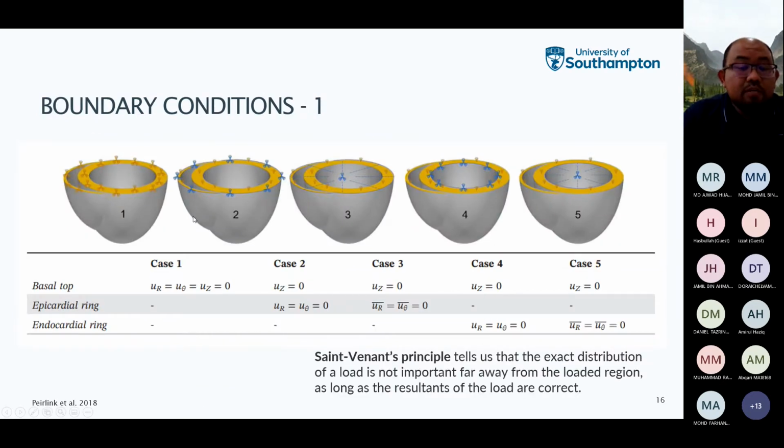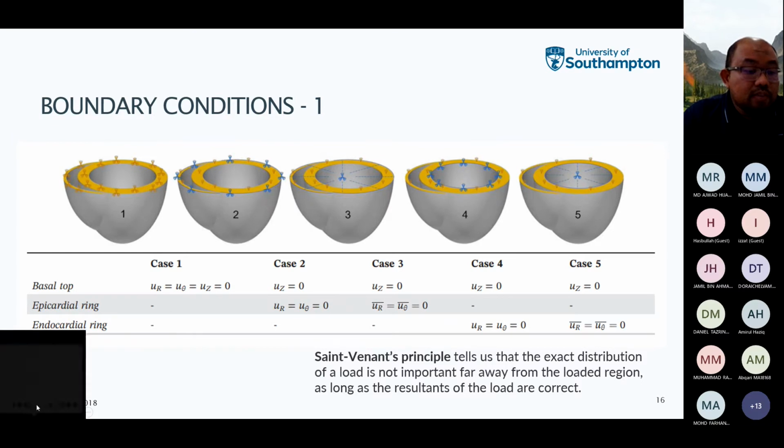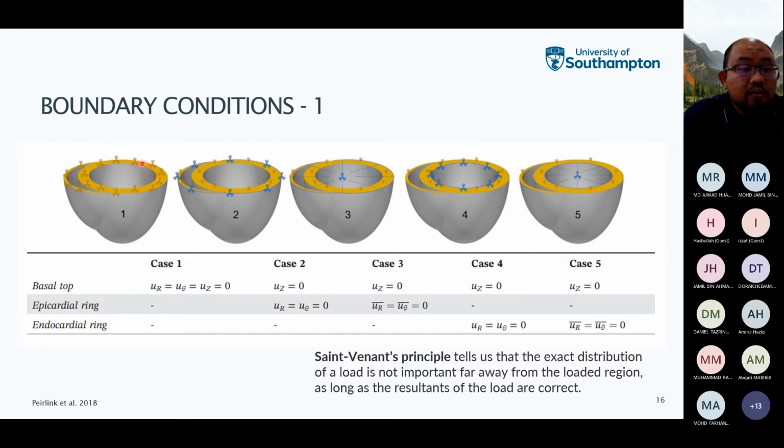And we can define some boundary conditions. You can either fix the basal portion of the heart, so the basal is at the top here. You can fix everything so it doesn't move, or you can allow it to move internally, or you can put some spring as well. One study that has done quite a good comparative analysis found that if your focus is more on the stresses at the distal part or somewhere within the middle part of the heart, it doesn't matter which boundary condition you use.